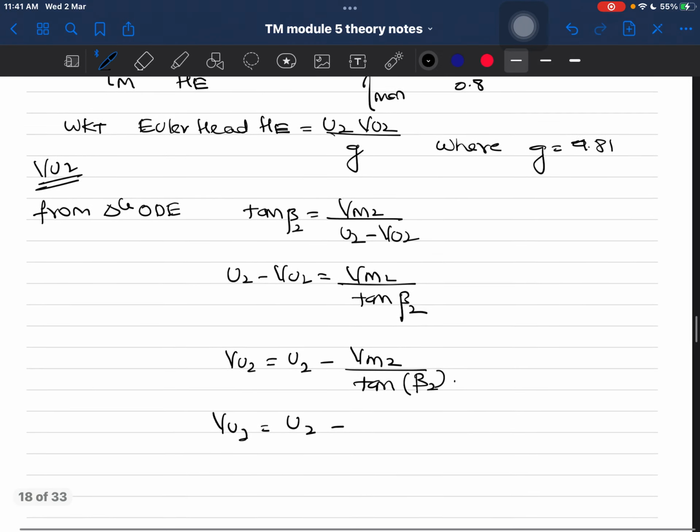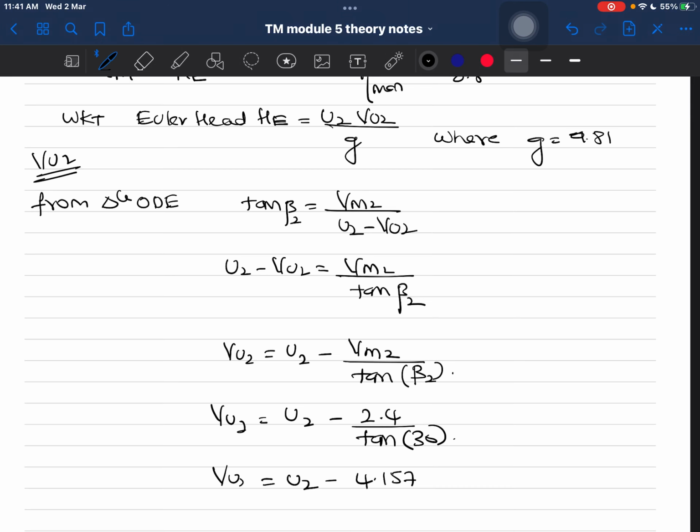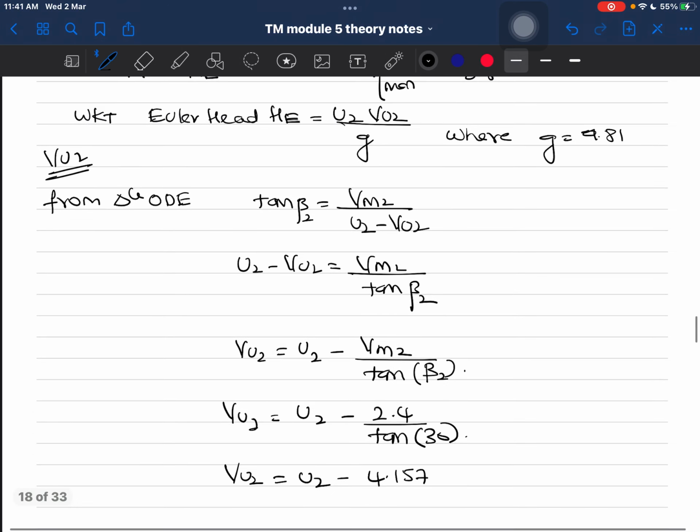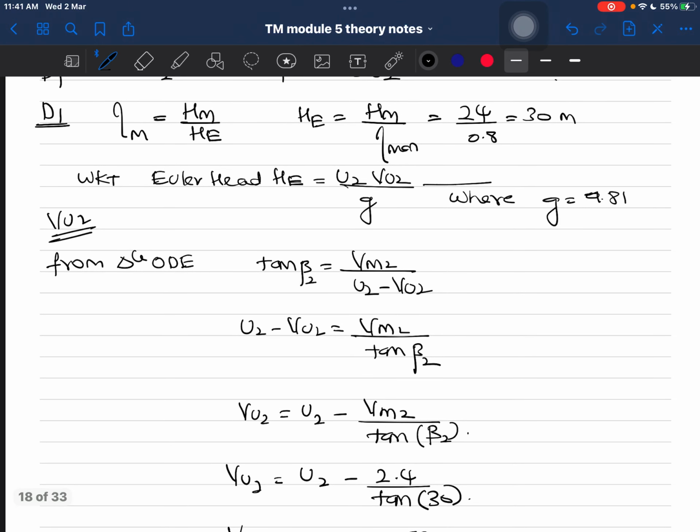So it is U2 minus 2.4 divided by tan of beta 2, where the value is 30 degrees. So that is equal to U2 minus 4.157. This is Vu2. Now I would take this as equation number 1.